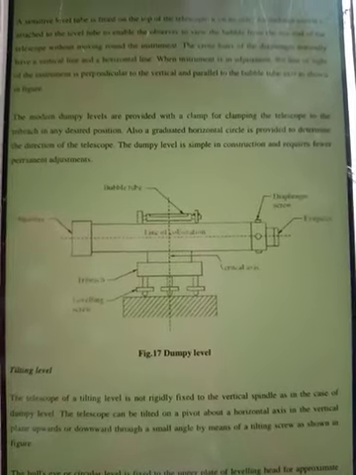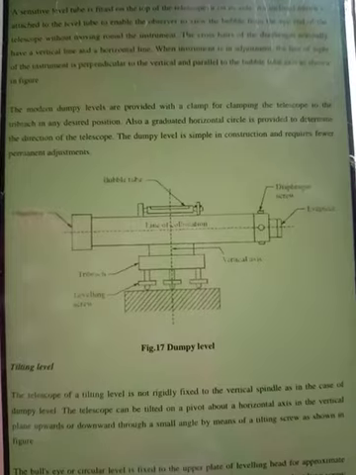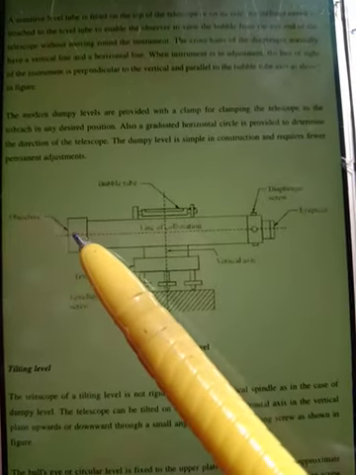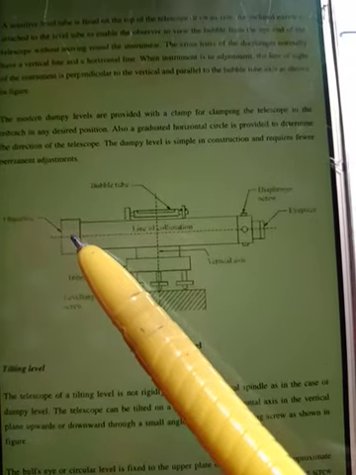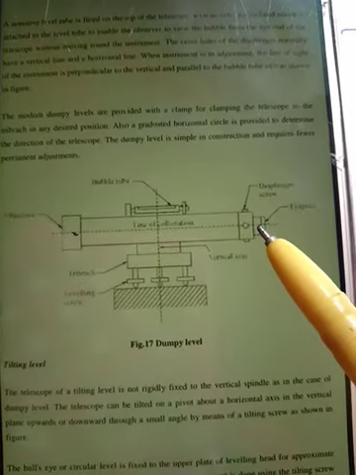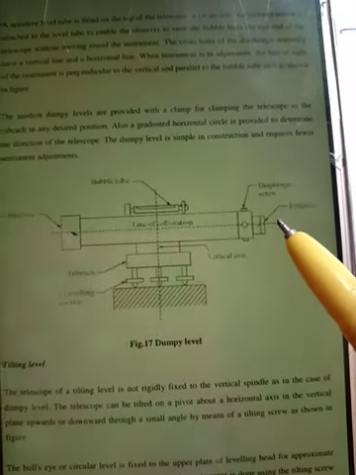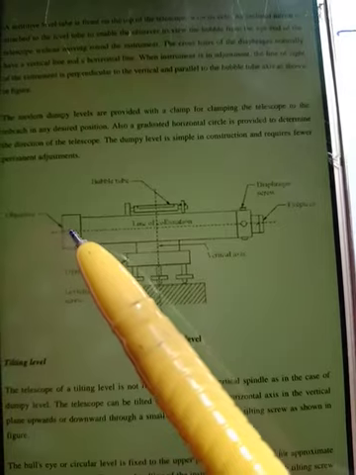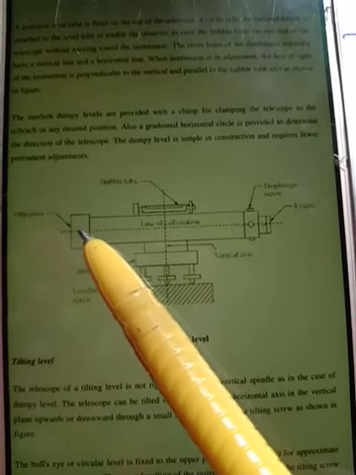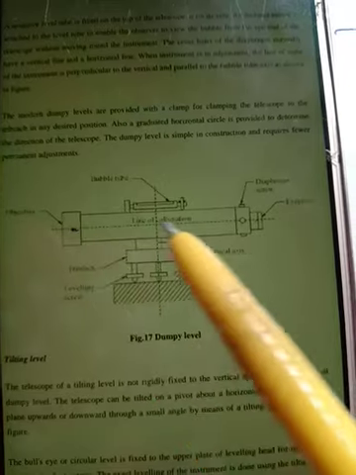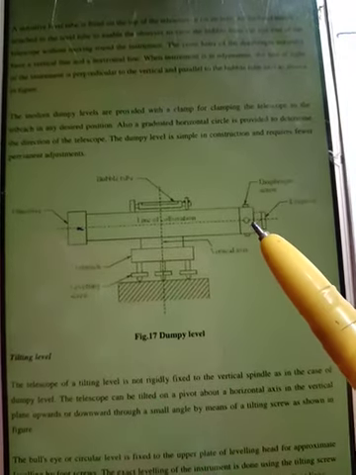So, this is your dumpy level. You see here, this is your objective, that is objective lens, and this is your eyepiece. Your eye will remain here to observe an object, and this side will be on the object side. That's why it is termed as objective lens or objective. It is eyepiece lens or eyepiece.